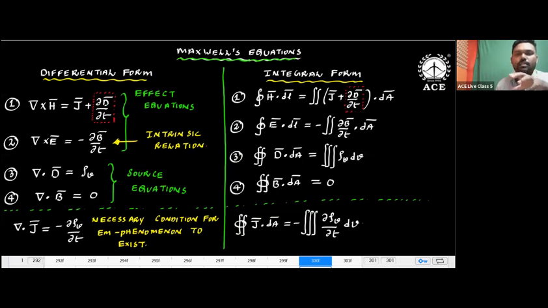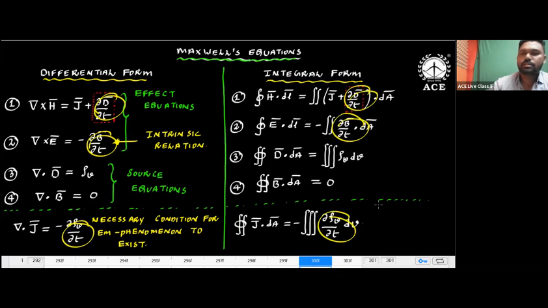Suppose you want to get the things for electrostatics and magnetostatics, what you need to do? This one, dou by dou t, you have to make 0. That's all it is. Clear? So how can these be modified for the static case, beta? I'm going to turn the page. For static fields, what happens?